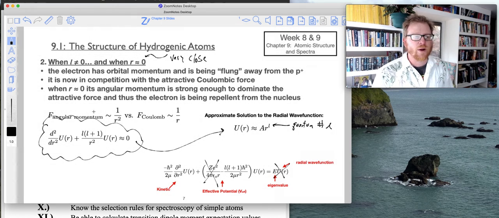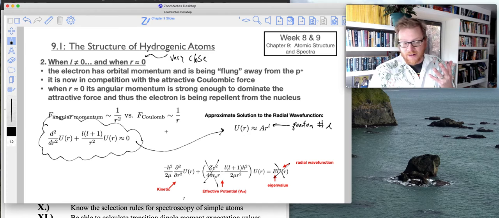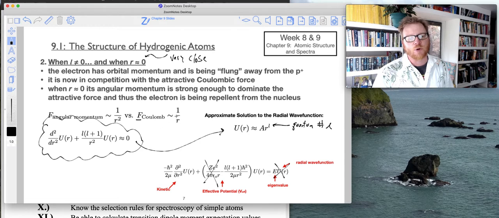Oh, and sorry, the last thing I want to compare is the reason why, if you want to think about Coulomb's law and angular momentum being in competition, the force of Coulomb's law is proportional to 1 over R. However, the force of angular momentum is proportional to 1 over R squared.